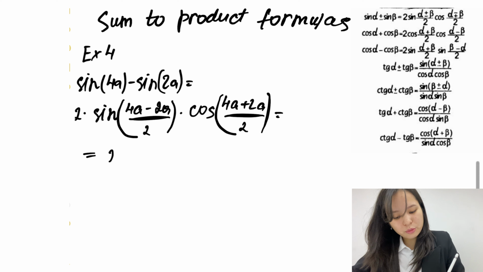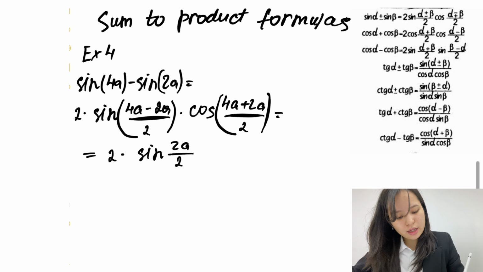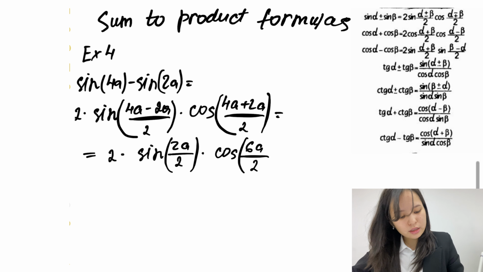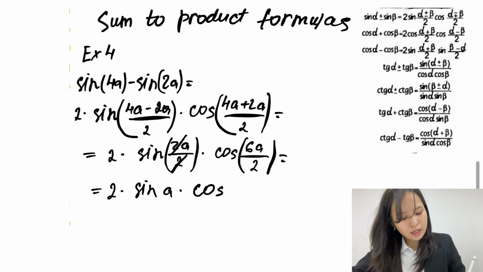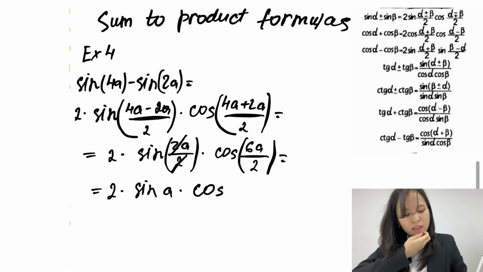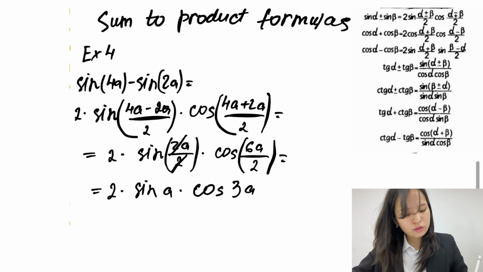Simplify this formula. It's equal to 2 times sine 2a divided by 2, multiplied by cosine 6a divided by 2. It's equal to 2 times sine a. 2 divided by 2 is equal to 1. Multiplied by cosine 6a divided by 2, which is equal to 3a.